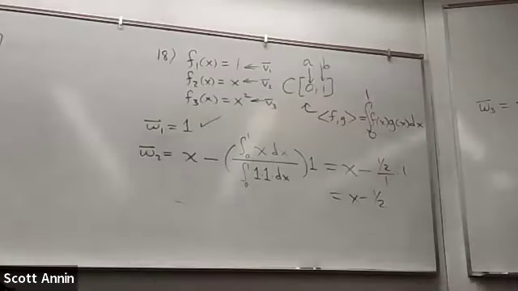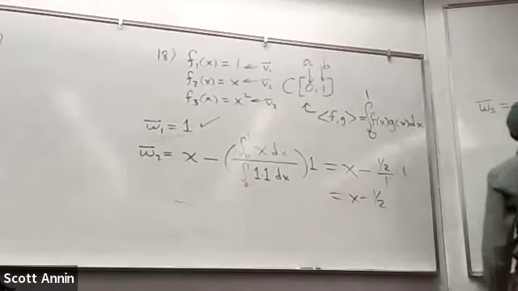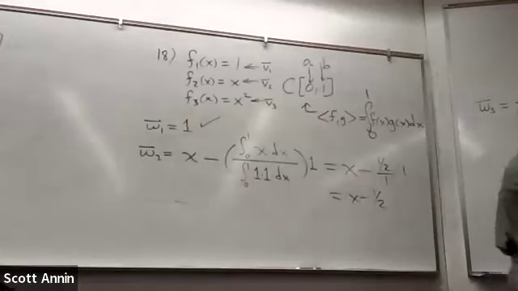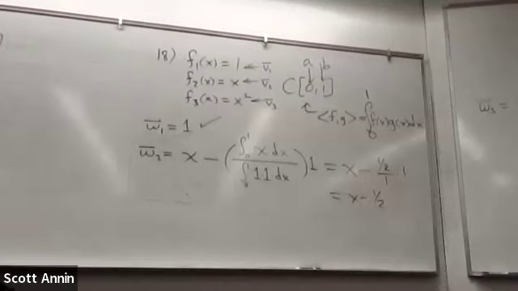The first one here, this is the inner product of x squared with 1. So that'll be an integral of x squared dx. The denominator is just like before, 1 times 1 dx. And then over here, I have to do the inner product of v3 with w2. So that's going to be x squared with x minus 1/2.